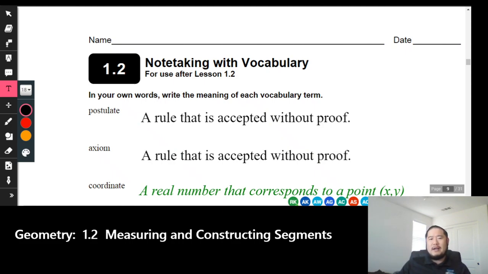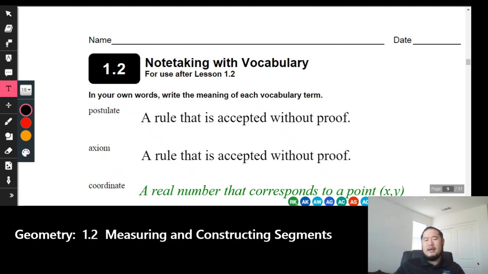So let's start off and take a look at some vocabulary. The first term right here is what we call a postulate. That is a rule that is accepted without proof. You're going to read about several postulates throughout the course, and those are just things that you accept without proof. Now, why should I accept it without proof? One, because it's always going to be true.